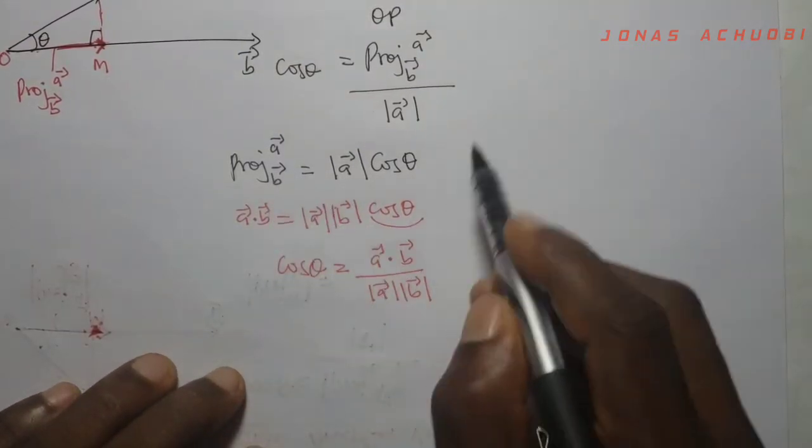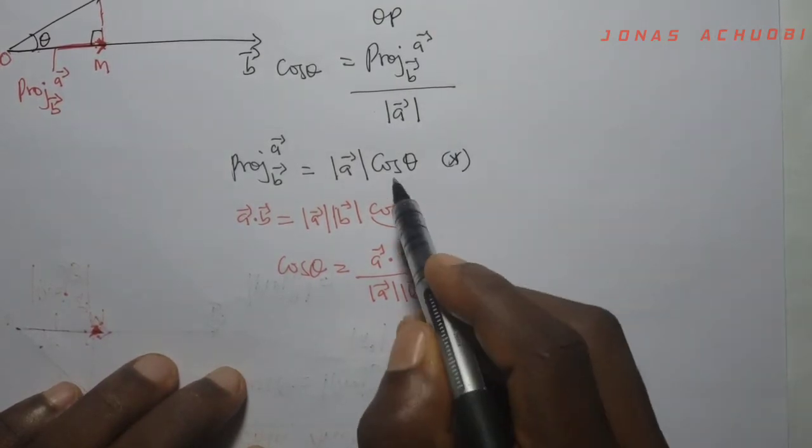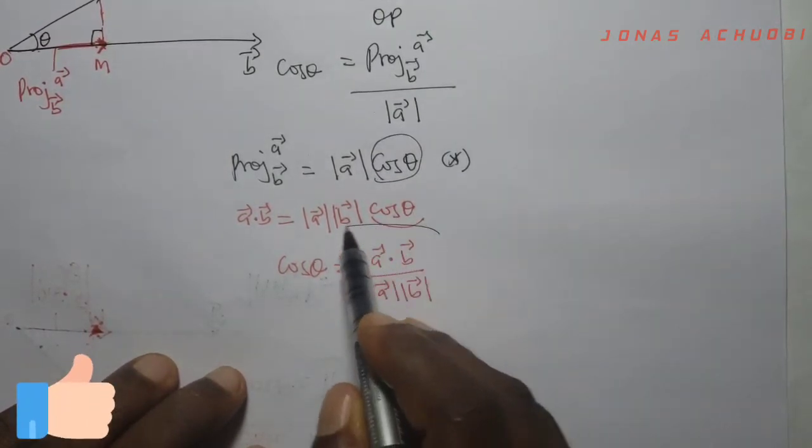So if we go back to the equation star, where we have cos theta, we now replace it with the whole of this.